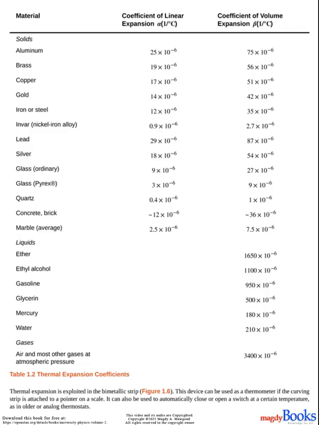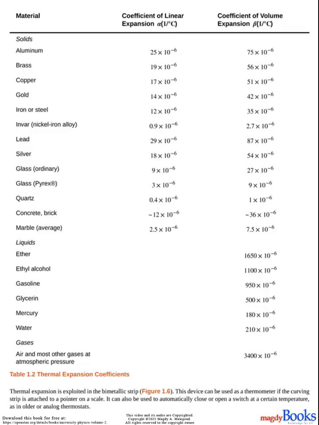Copper: 17 × 10^-6, 51 × 10^-6. Gold: 14 × 10^-6, 42 × 10^-6. Iron or steel: 12 × 10^-6, 35 × 10^-6. Invar, nickel iron alloy.